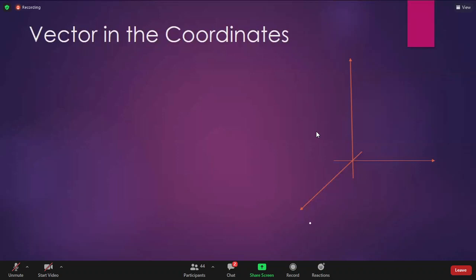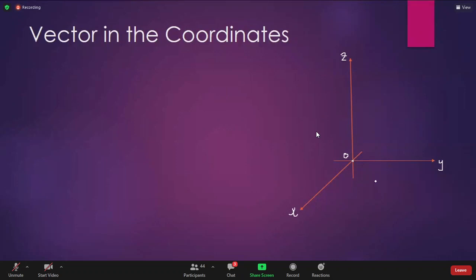The same works in 2 dimensions, but I thought I'd start immediately with 3 dimensions, because sometimes we need to sketch things. And these things might be more difficult in 3 dimensions, but that's why we need to practice them more. So the origin of the coordinates O, and then we have the axes X, Y, Z.